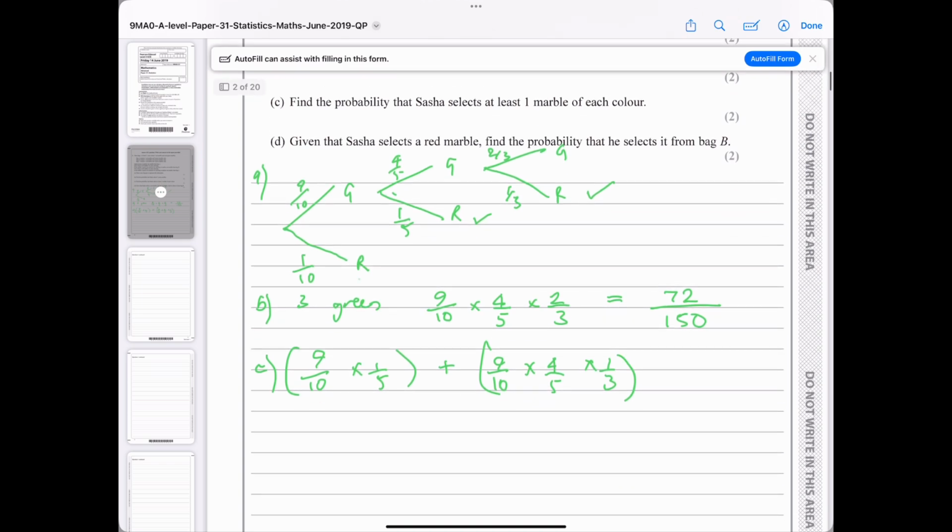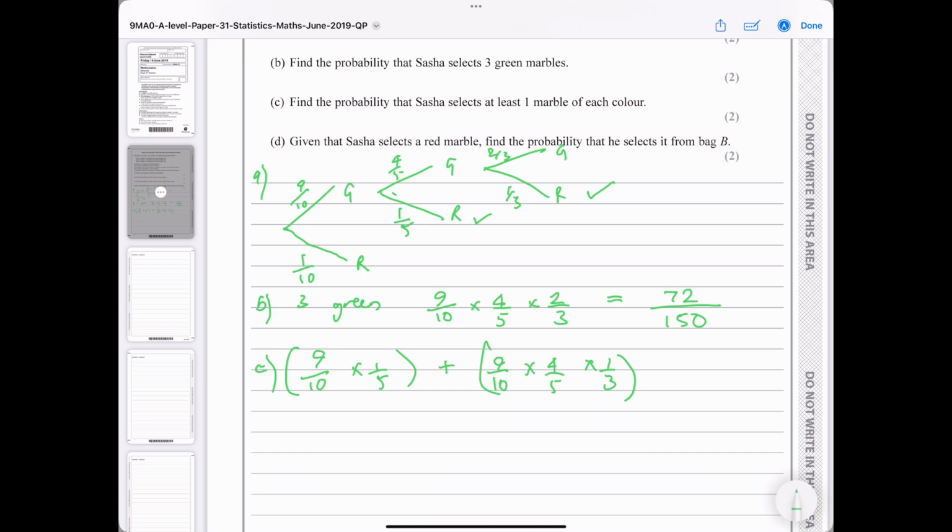Because if you went down this one here, he wouldn't be able to do it. If he went down the R, he'd have to stop. So if he goes G, then R, that works. And if he goes G, then G, then R, that is still at least 1 marble of each colour. So we've got 9/50 plus 36 over 150.